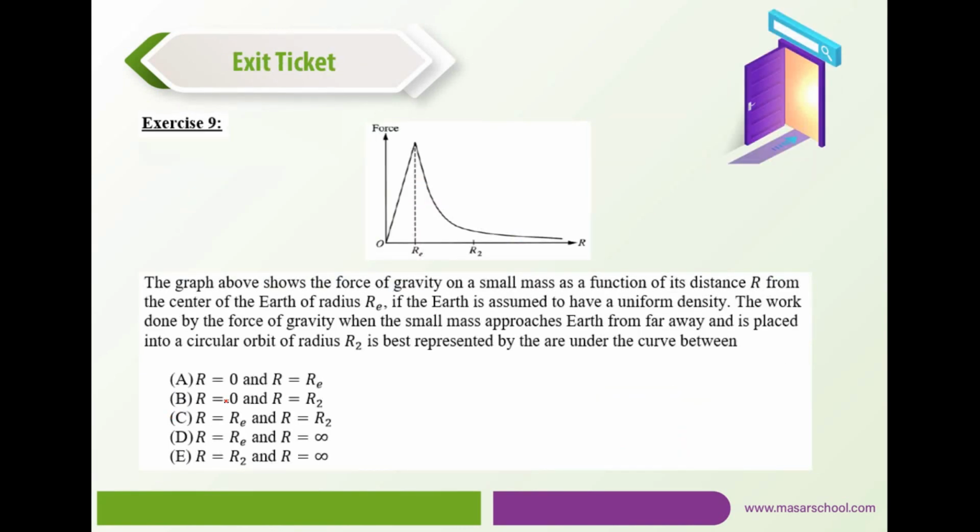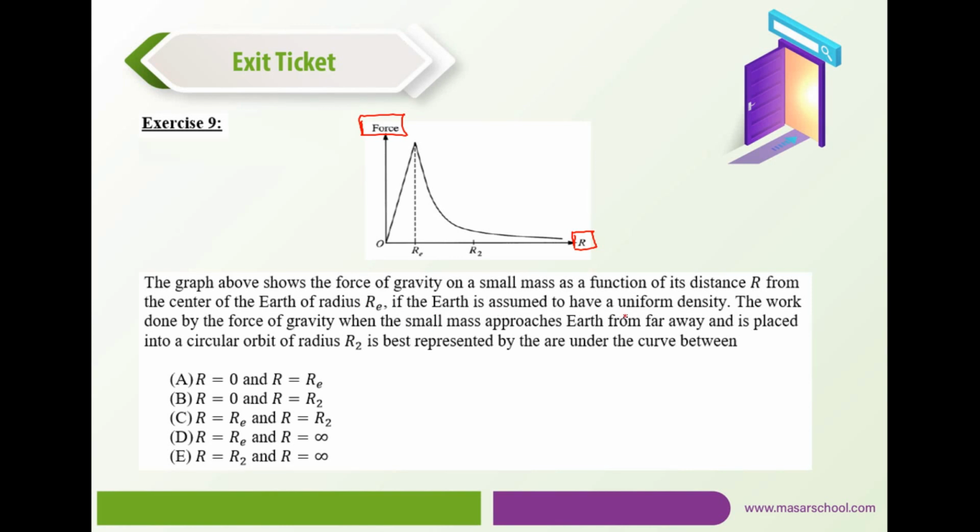Now exercise 9 as an exit ticket for today's video. The graph above shows the force of gravity on a small mass as a function of its distance r from the center of the earth of radius Re. If you notice carefully, this is force as a function of displacement, which means that the area under the curve would represent the work done by an external force, which is the force which is given.